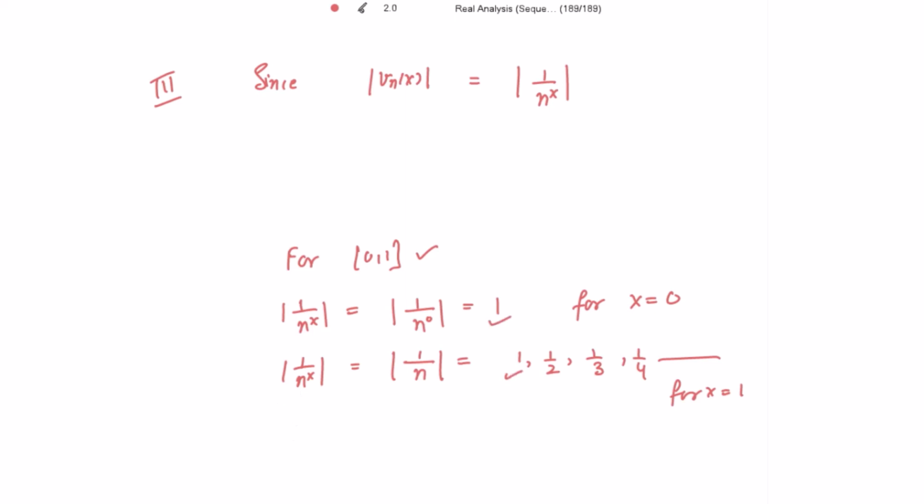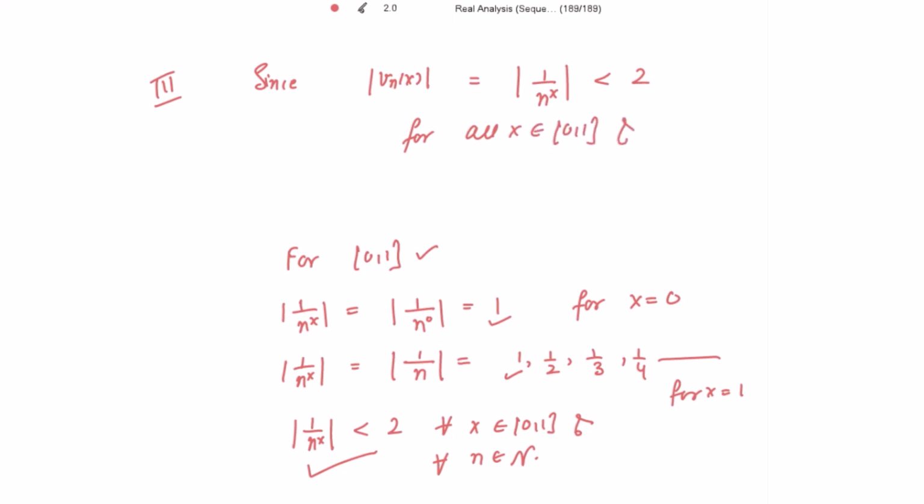That means I can write the mod of 1 divided by n to the power x to be strictly less than 2 for all x belonging to the closed interval 0, 1 and for all n belonging to the natural numbers. So writing this mod to be strictly less than 2 is valid for all x in the closed interval 0, 1 and for all n in the set of natural numbers.